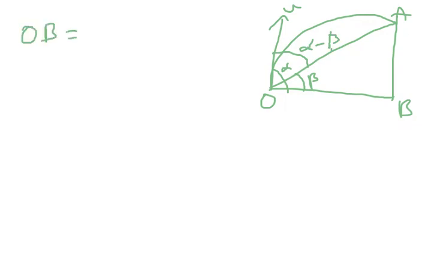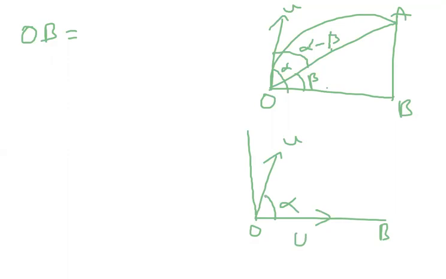So what can we write for OB? Horizontal velocity into time of flight. Here u can be resolved. See carefully: this is OB, and this is the way u is there, and this is the vertical, and this total angle is alpha. With respect to OB, I can write the velocity resolved here as u cos alpha, and here I can resolve it as u cos beta. So u cos alpha is the velocity along OB.